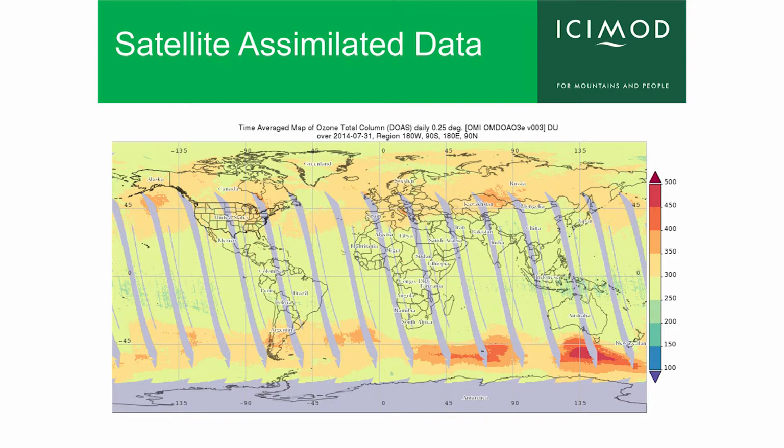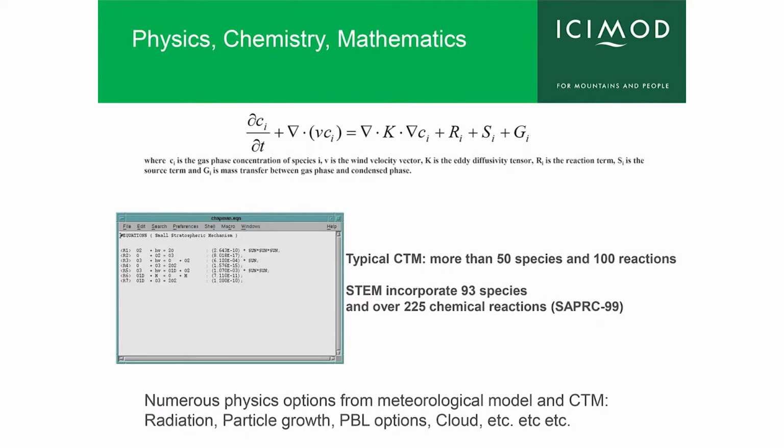And then, again, you'll hear more about satellite, but we also take some satellite data as an initial starting condition. So what's the total ozone column like? And then there are clever ways to put it on different layers and use this as a starting condition to drive your chemistry model. And again, I don't want to go into it, but this is the equation that most Eulerian models run, trying to solve for every grid cell.